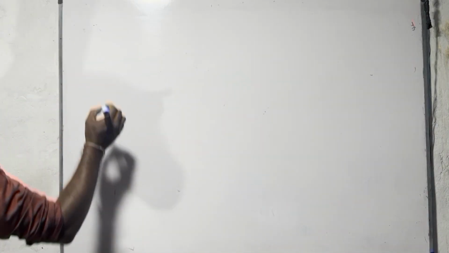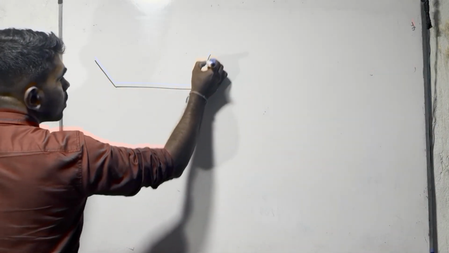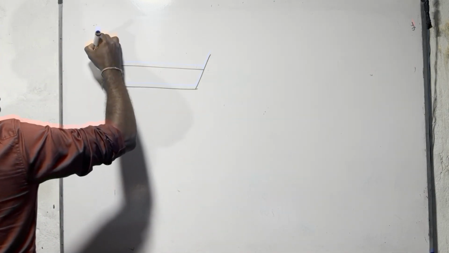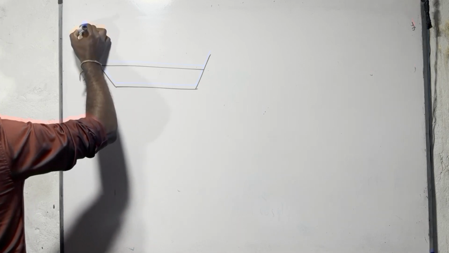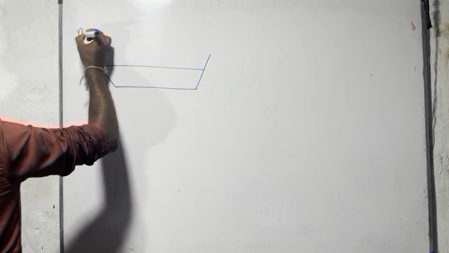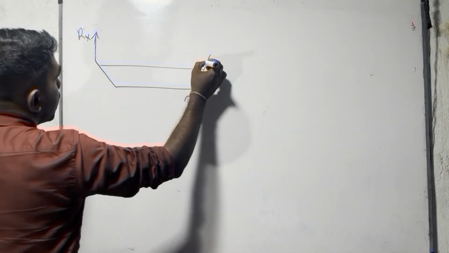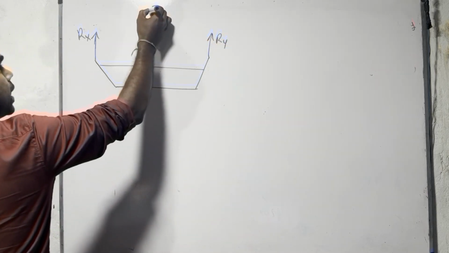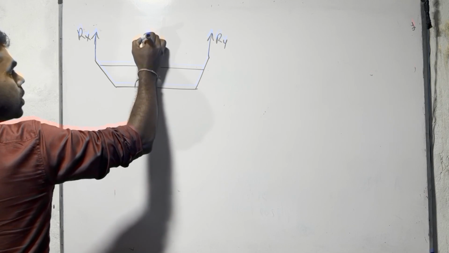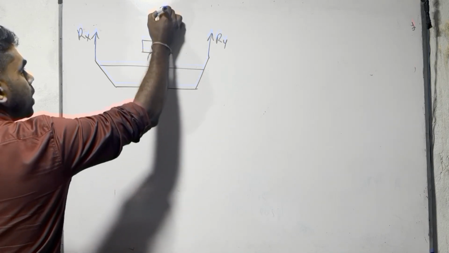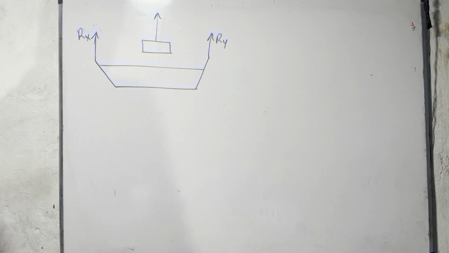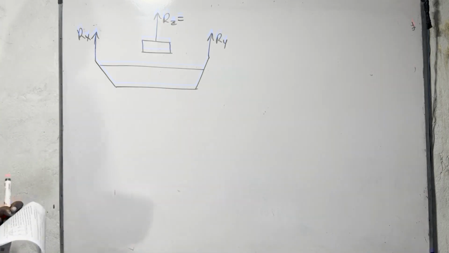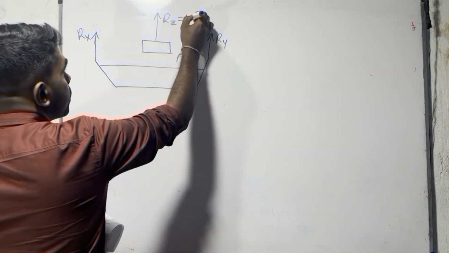For the initial situation, it is like this. There is a water pan. Reading of X, I will consider Rx. Reading of Y is Ry. For the initial situation, this block is not immersed. Therefore, Rz reading is given as 1.2.